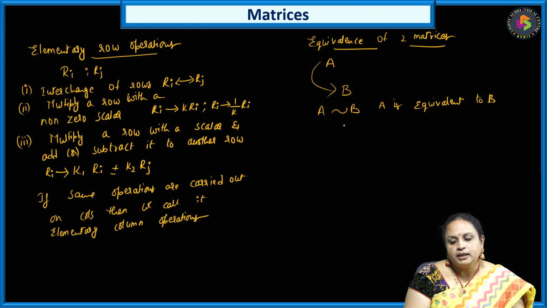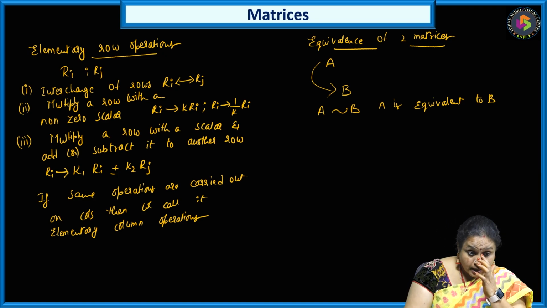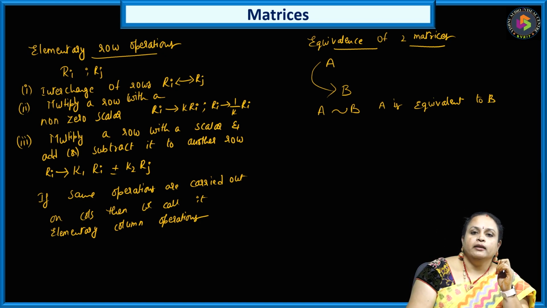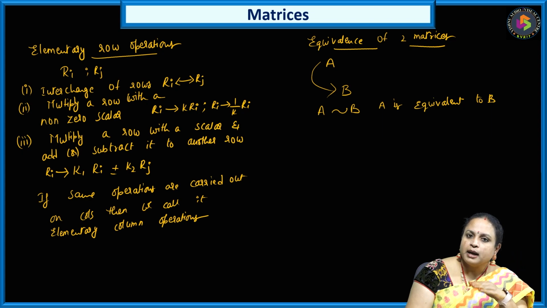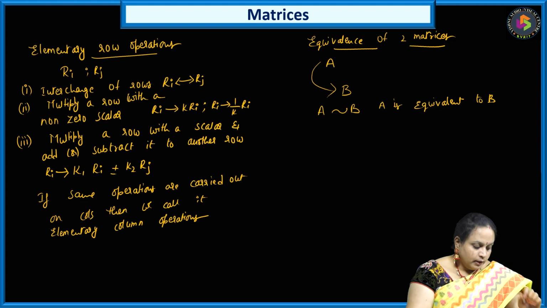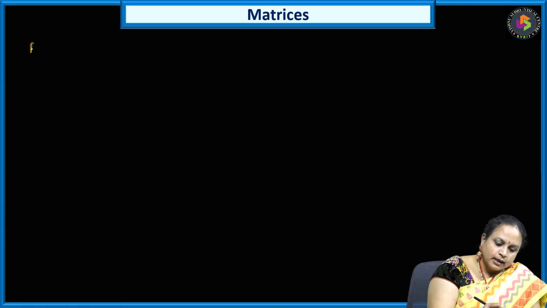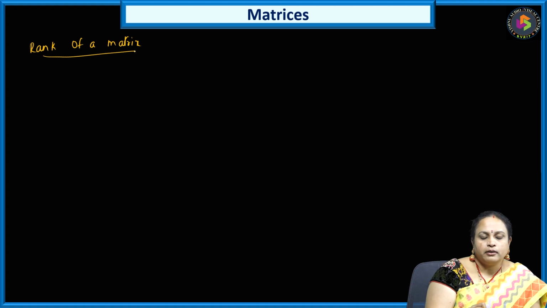There are a few properties when two matrices are equivalent, then whatever properties the matrix B is having, the same properties can be taken to the matrix A. Now, let us see the first thing, that is rank of a matrix. Let us see the formal definition of rank of a matrix.